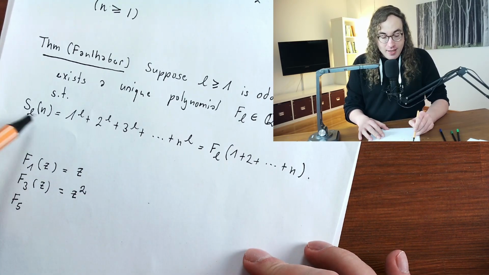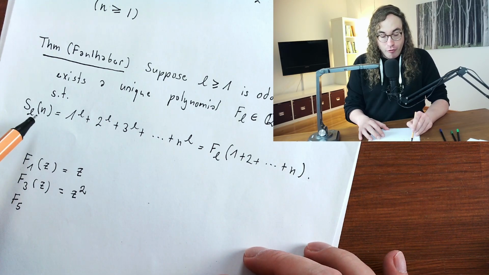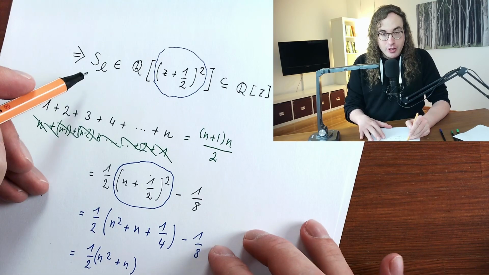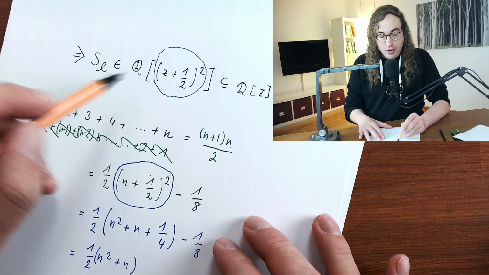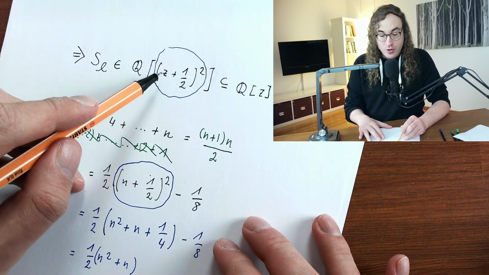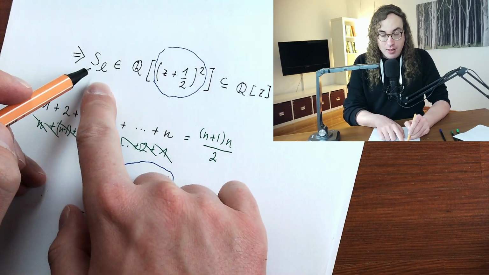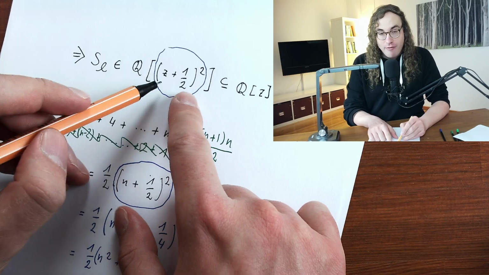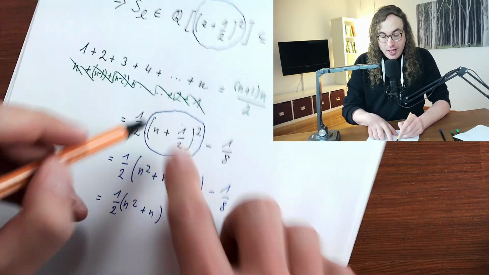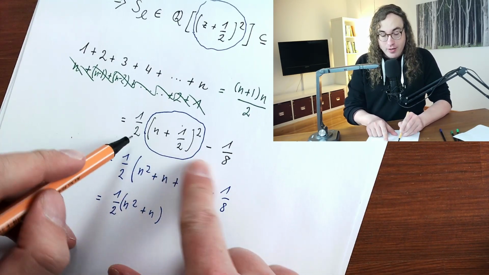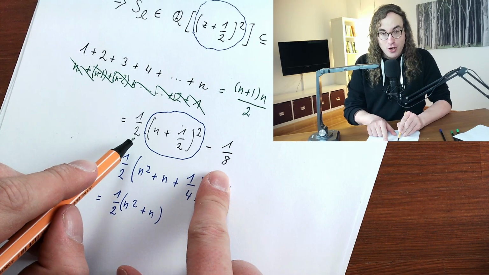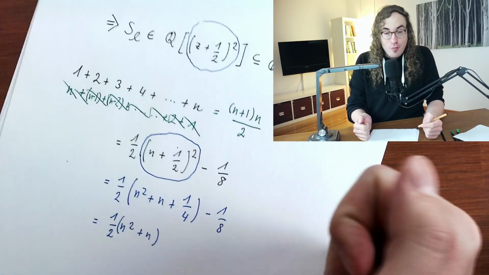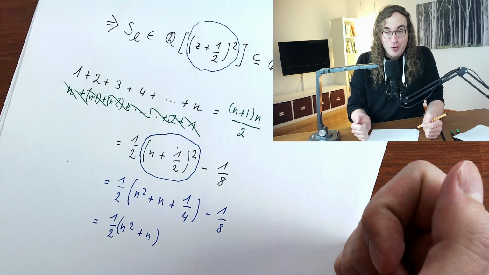Good, so I'm plugging in a positive integer for n, which means that up here, when I evaluate this polynomial, I plug in a positive integer. So then I know that SL is a polynomial of, when I plug it in, n plus 1/2 squared, but n plus 1/2 squared here by a linear transformation is the same as this sum. And this is the proof. This gives me the full statement.